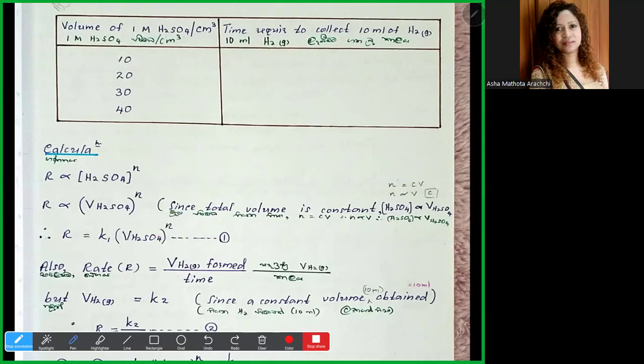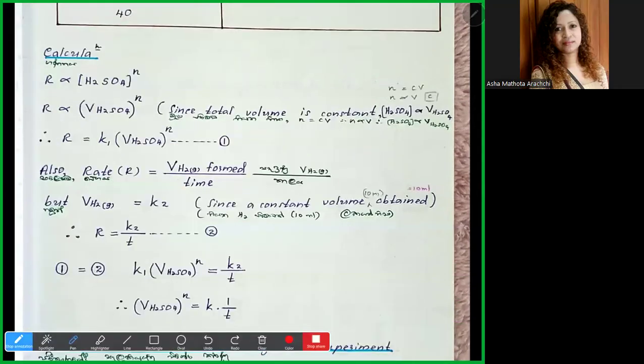Then the second equation: rate we can get again from H2 volume divided by time. Clear? But what do you know about the H2 volume? That is constant, always 10 cubic centimeter. So V(H2) is a constant, K2, and instead of the V(H2) form, I can write K2.